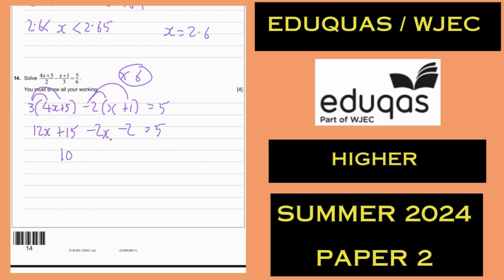We've got 10 of them. 15 take away 2 is 13, but I'm going to subtract 13 from both sides. And we can now divide both sides by 10. So minus 8 over 10 or minus 4/5. I'm going to go for the decimal equivalent.